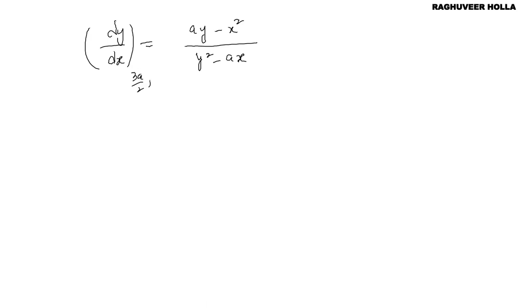Now further, dy by dx is equal to ay minus x square by y square minus ax. Now at 3a by 2 comma 3a by 2, let us put that.